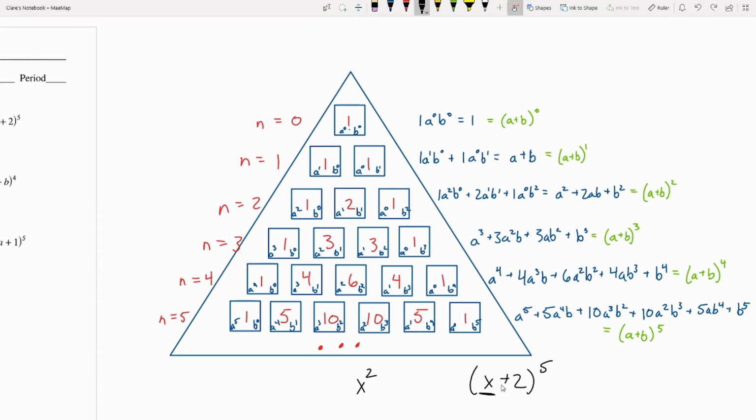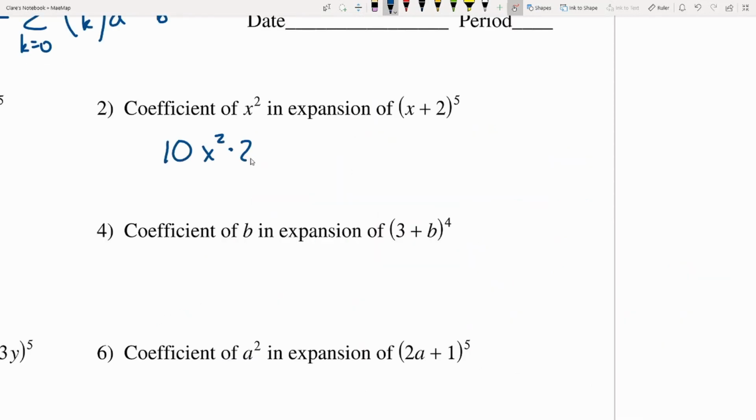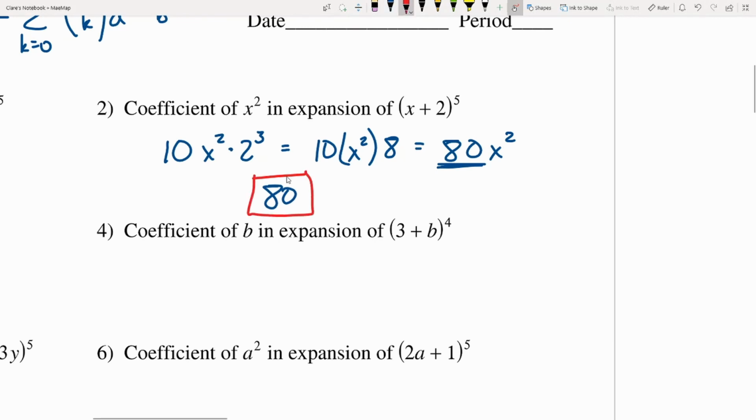Going into my 5th degree expanded polynomial, here's my a squared term, 10a squared b cubed. So that's 10x squared times b, which is 2, cubed. Again, we're going to have 80x squared, so my coefficient is 80 in number 2, because 2 cubed is 8, and 10 times x squared times 8 is 80x squared. So 80 is that solution.